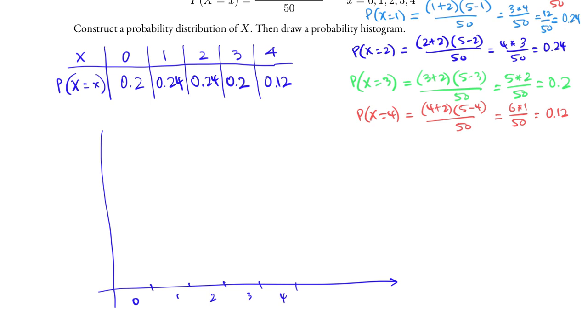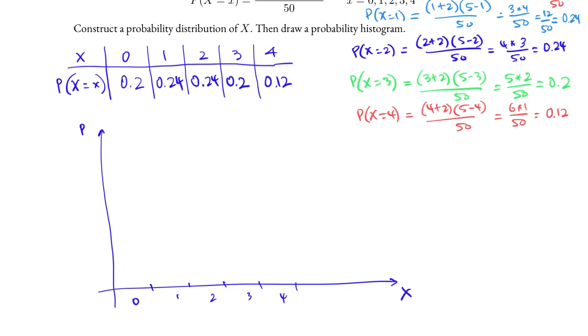Now, the histogram consists of bars or rectangles, and they have to have the same width. For the probability histogram, the width of each rectangle needs to be 1. And the height of the rectangle is the corresponding probability.